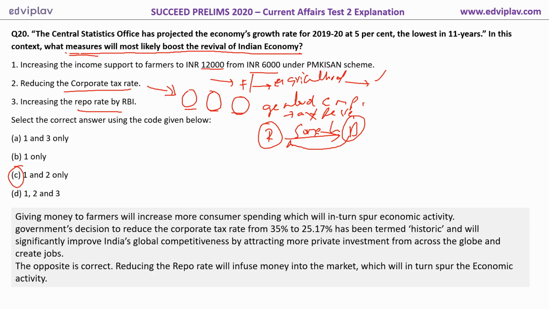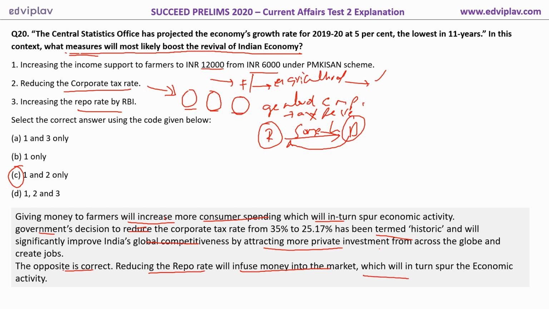Giving money to farmers will increase consumer spending, which will in turn spur economic activity. The government's decision to reduce the corporate tax has been termed historic and will significantly improve India's competitiveness by attracting more private investment from across the globe and create jobs. Next is the repo rate. Reducing the repo rate will infuse money into the market, which will in turn spur the economy.